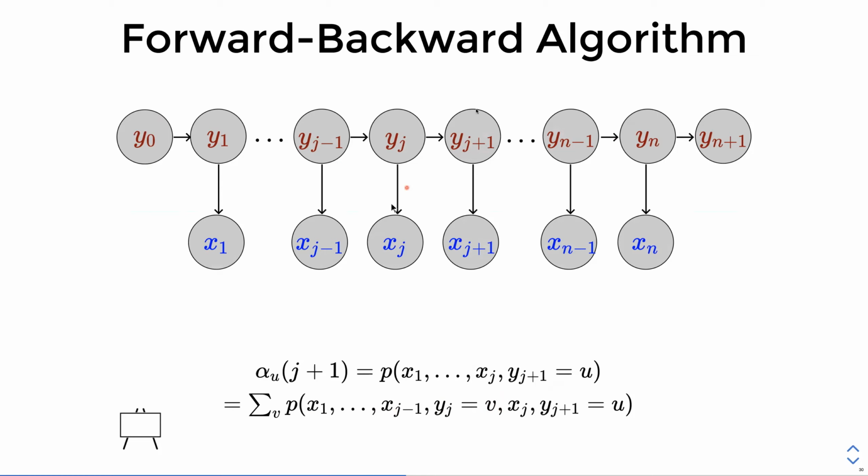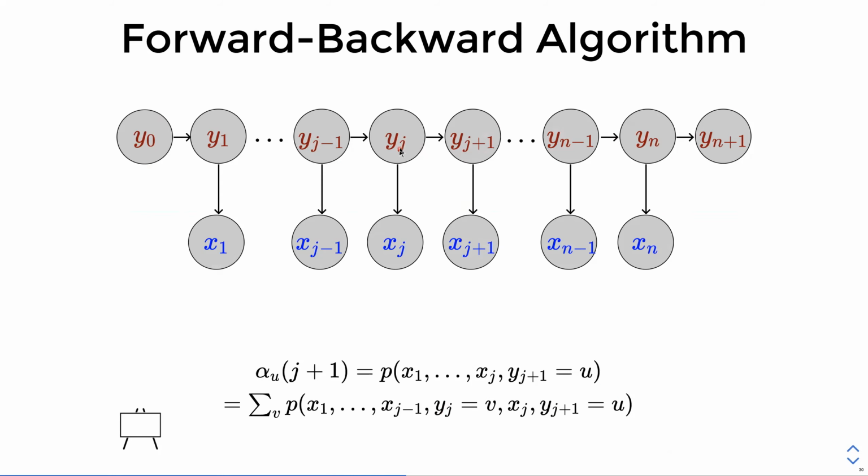In other words, I'm going to split my network, so it's from here, x1 up to this, and this guy takes the value v. And I have two remaining guys to take care of. But if you look at x_j, how is x_j generated? It's from y_j, and we know the value for y_j. And what about this?